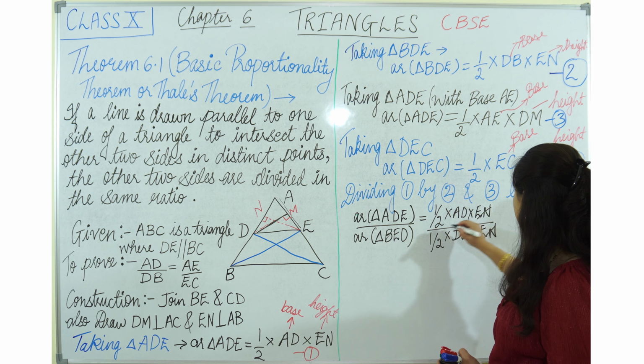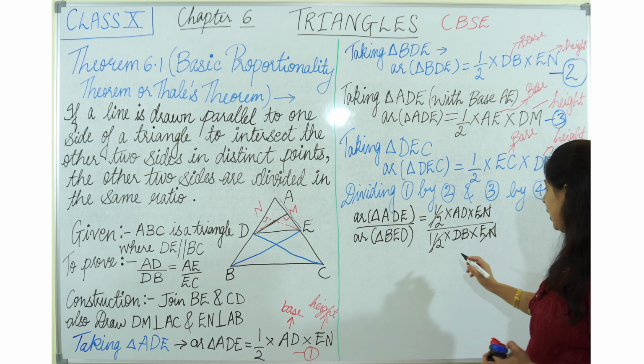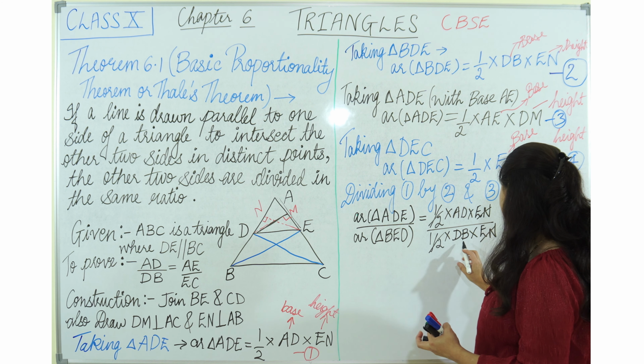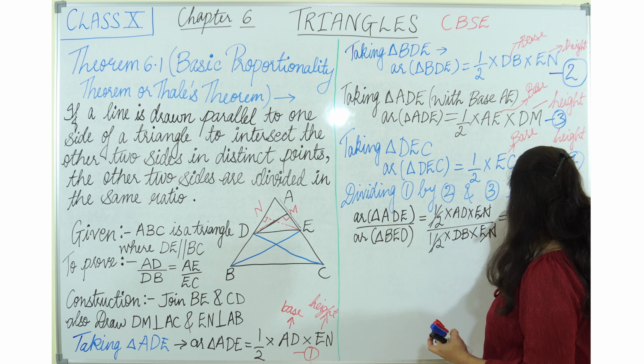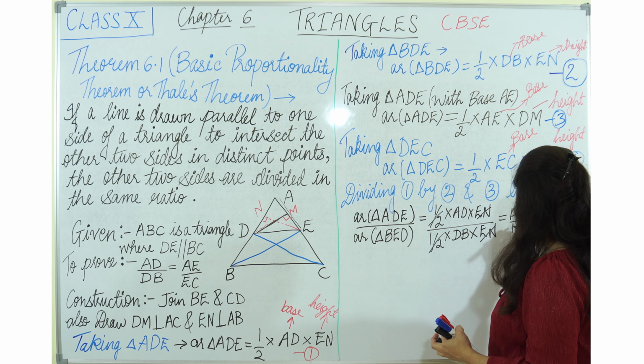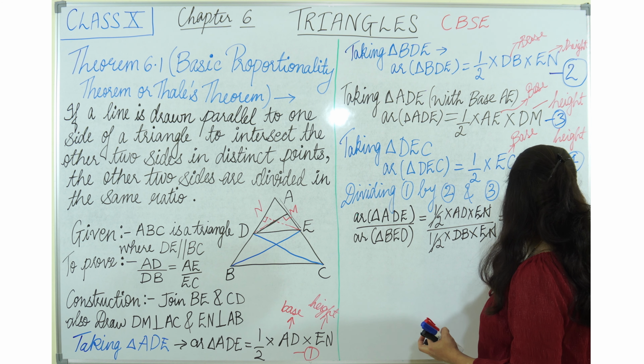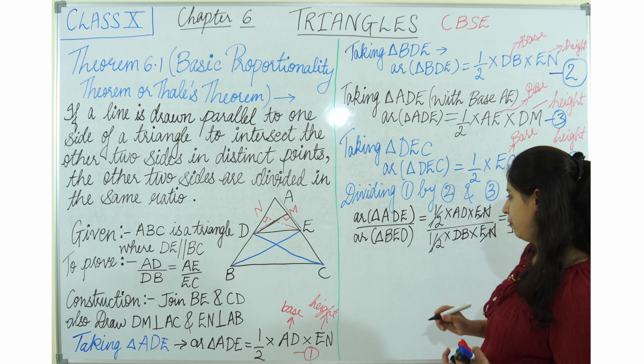So this gets cancelled, this gets cancelled. So we are left over here with AD upon DB. Let us mark it as equation number 5.